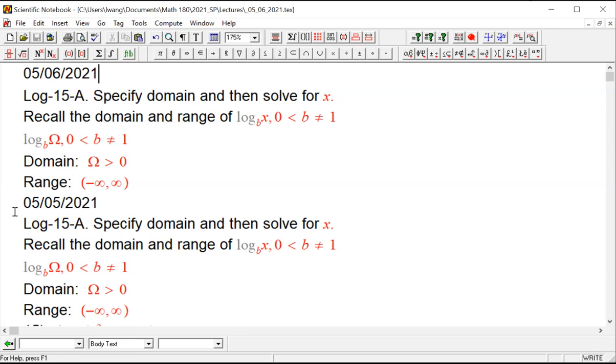The numbers are typically our solutions after checking. We have done a problem where one of the numbers is not in the domain, therefore it's not a solution. Number 15, what we worked with yesterday, has two solutions, and both are solutions after verifying.